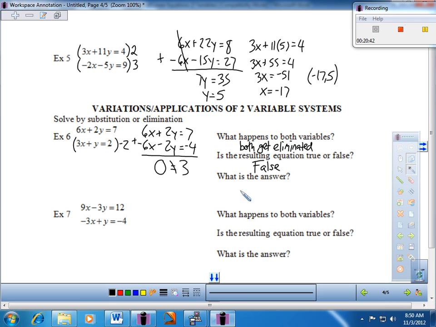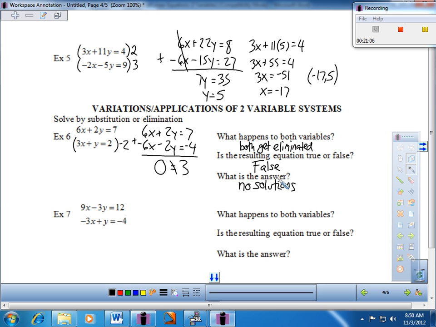So it says, what is the answer? Well, essentially, this would be the no solutions that we saw on the front side. And if we were to graph these on the coordinate plane and saw the visual perspective on this, we would see that they would form parallel lines. And if they don't intersect, there are no x's and y's that are going to balance both equations. So this is the no solution situation.